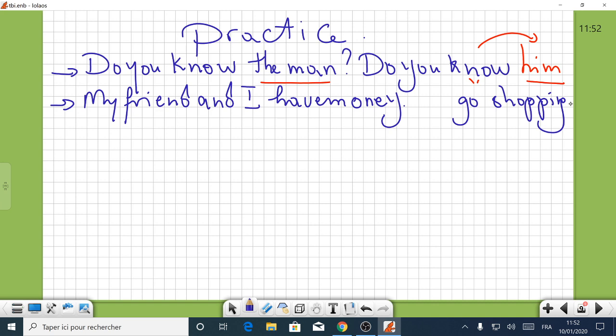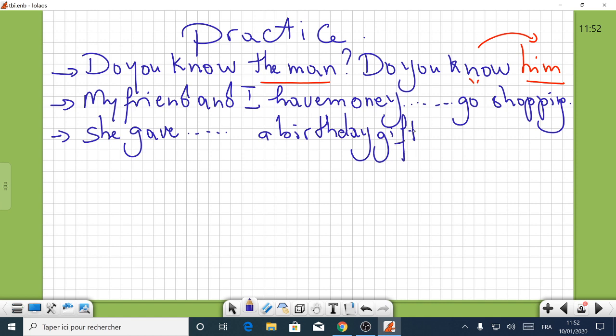Robert and Mark, she gave, okay? And here we have, she gave a birthday gift. A birthday gift. I really liked it. I really liked it.